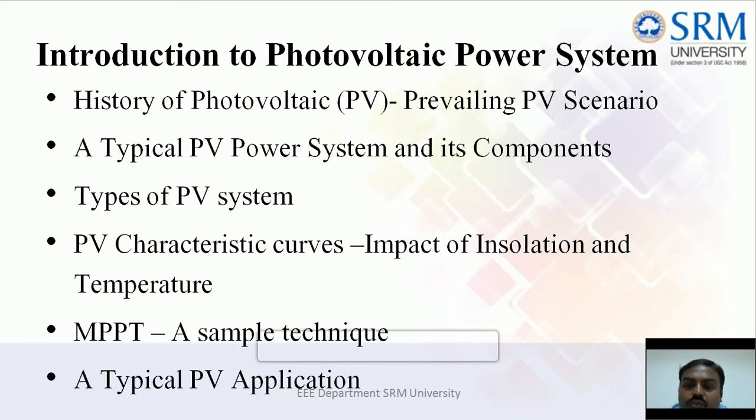Before concluding, I will also deal with a particular application where the photovoltaic source will act as a prime component.